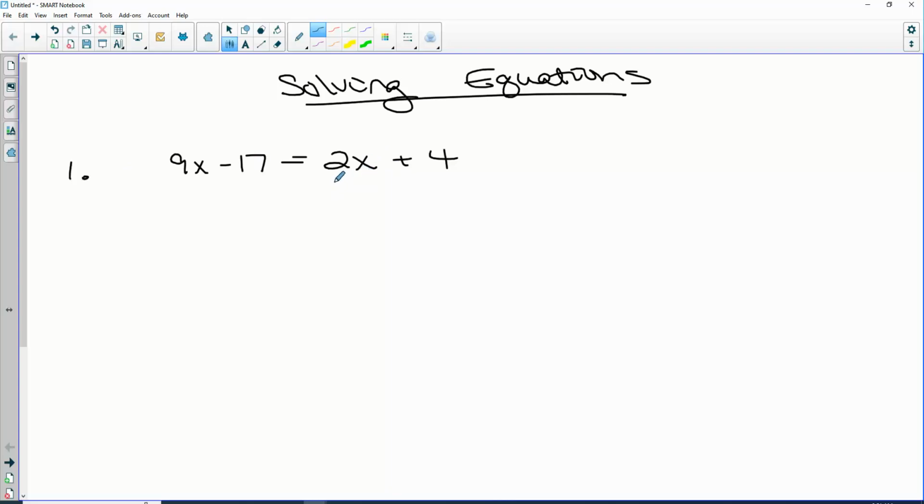Do you want me to move my 9x or my 2x? 2x. Okay. If I subtract the 2x, and if you subtracted the 9x, that's fine. You'll get the same thing. So 9x minus 2x is 7x minus 17 equals 4. What would we do now? Add 17.